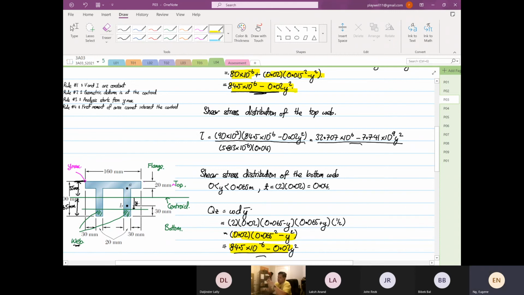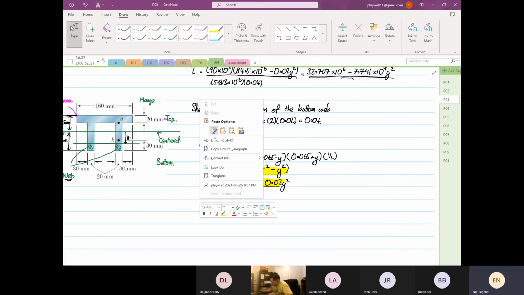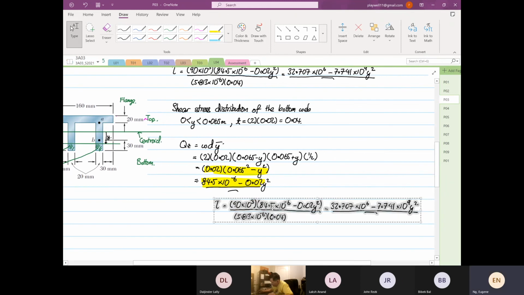So whether you take from the top or from the bottom to find the shearing stress at the centroid, it has to be the same. If you were to say what is the Qmax, I just copy and paste the same equation, and there you go. This is for the bottom. That's for the Qmax also.